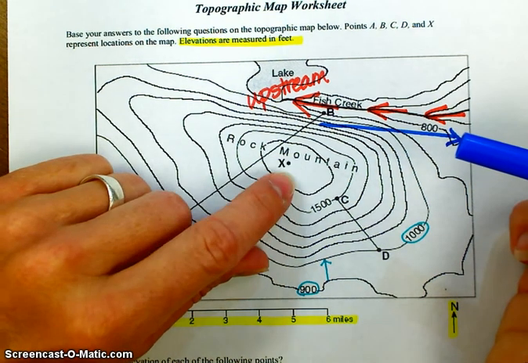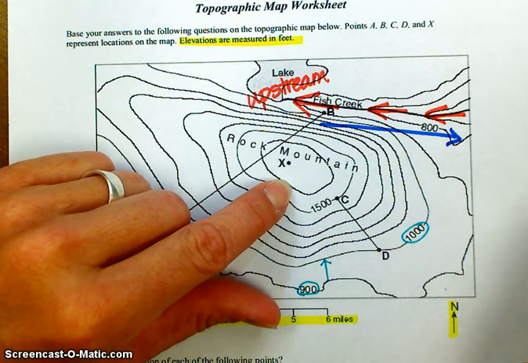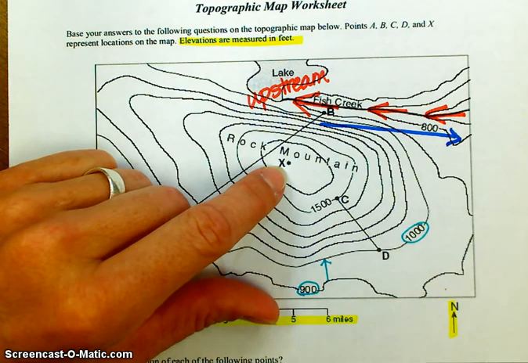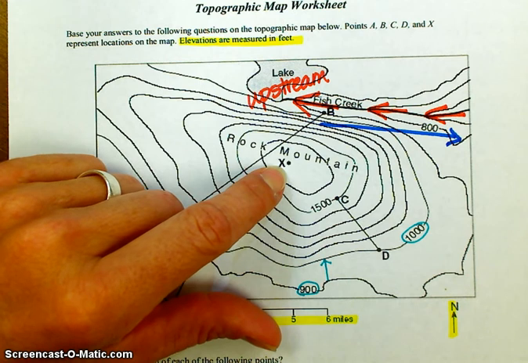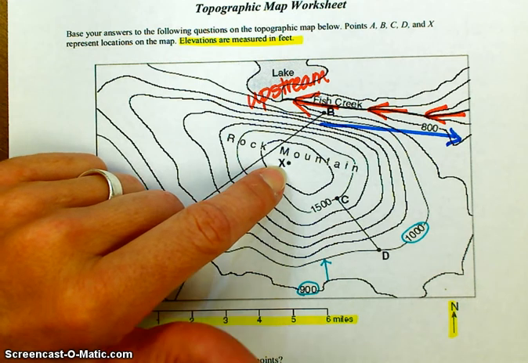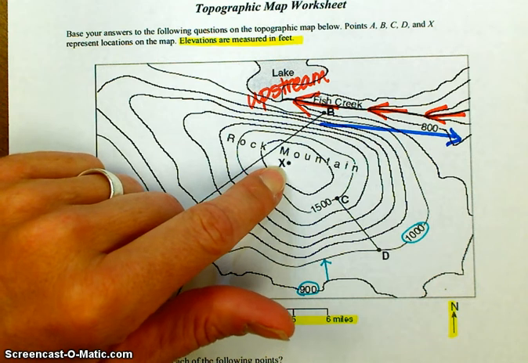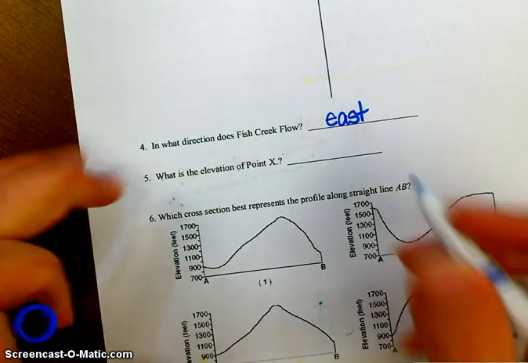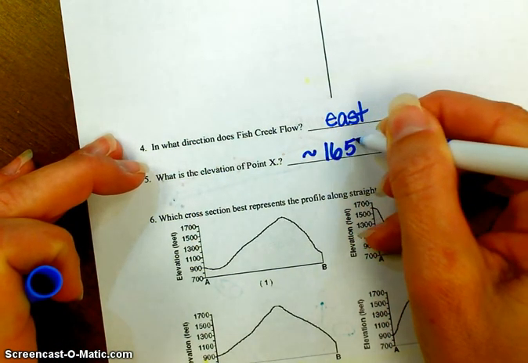However, I also know that it is less than 1,700 because I do not have a contour line for 1,700. So X, you're just going to have to estimate, and it's going to be something that's more than 1,600 but less than 1,700. In cases like this, a lot of times I just cut it in half and I say approximately 1,650 because that's kind of halfway between the two. Okay? And that little squiggly line means approximately.